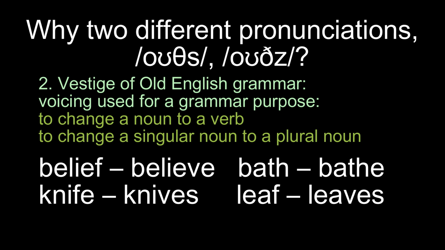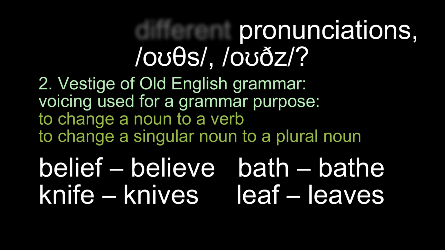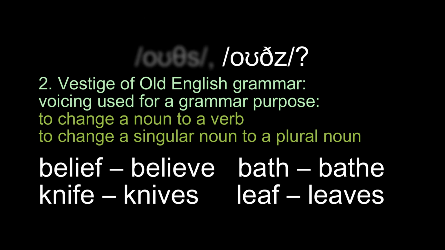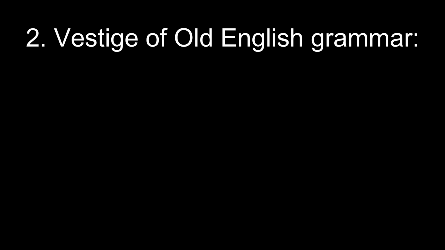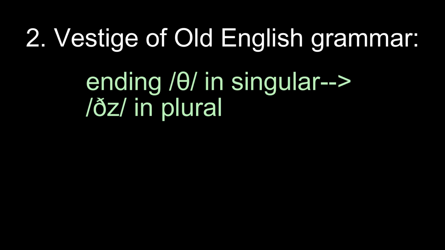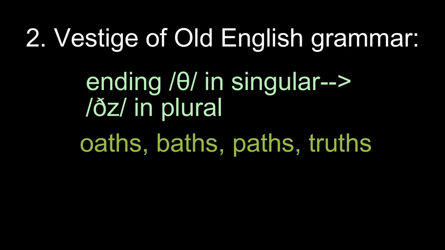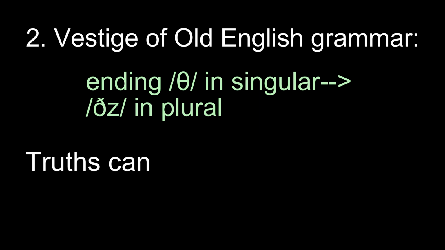Belief, believe. Bath, bathe. Knife, knives. Leaf, leaves. So, some words that end with th could have the voiced sound th in their plural forms as a vestige of the old practice. For example, oaths, baths, paths, and truths.